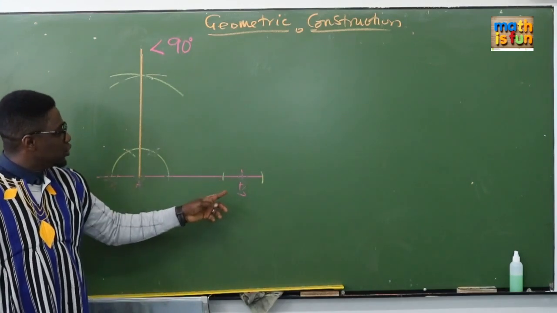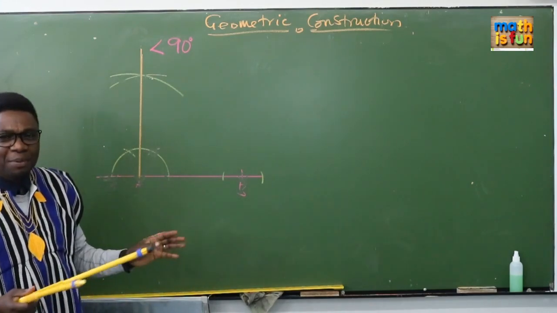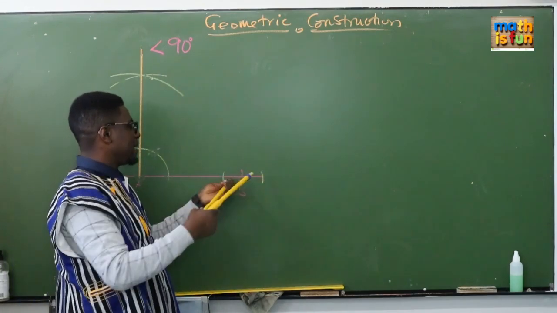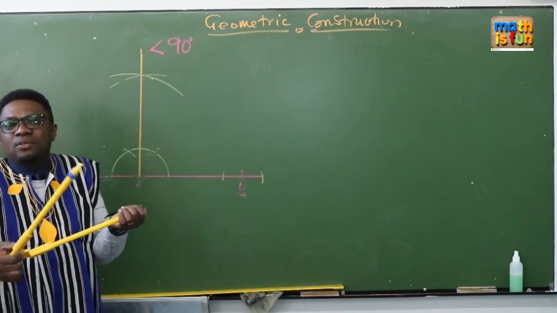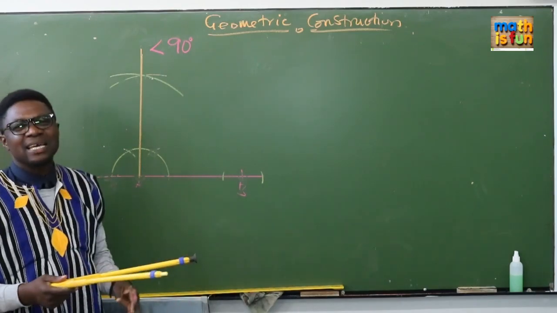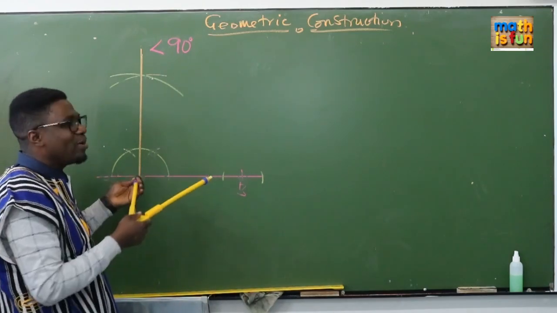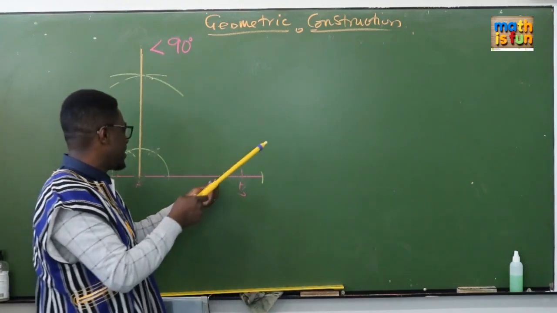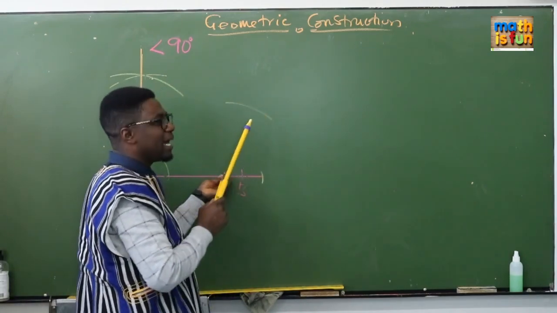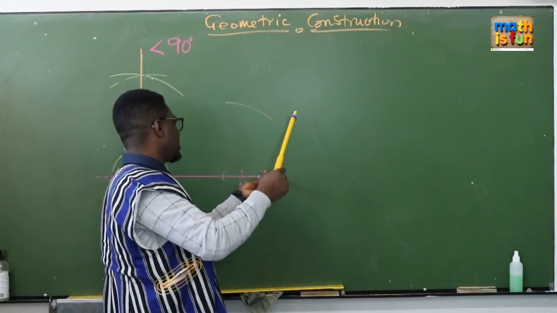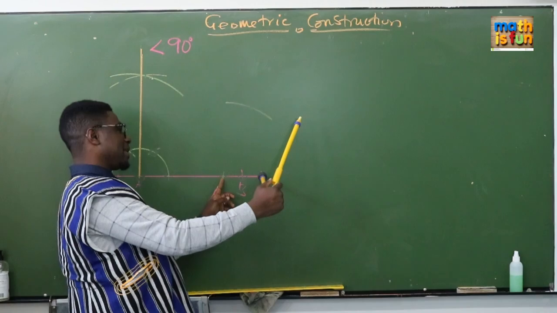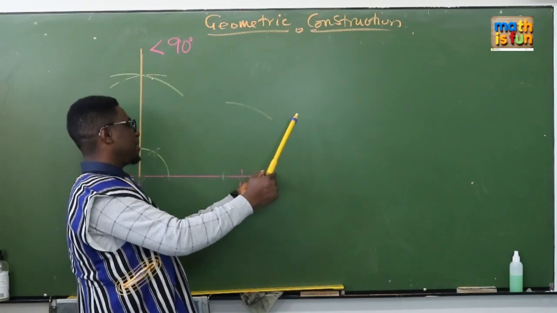Going to that one also, remember I said that some will do an arc here and arc there. Then you can open your compass to any length, but I always advise learners to open it more than half of your line. So you pin on point B, you construct an arc, you pin on where the arc met line AB.